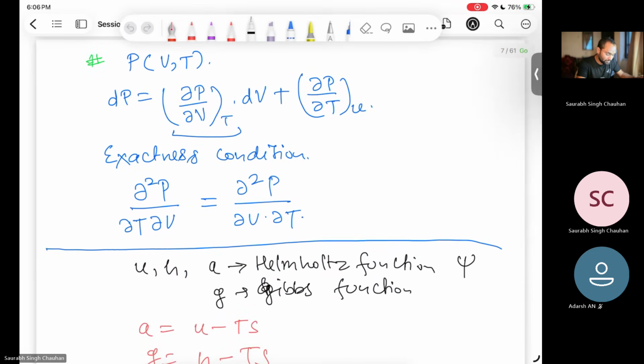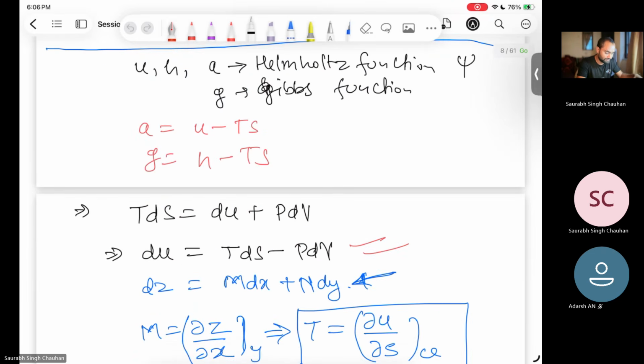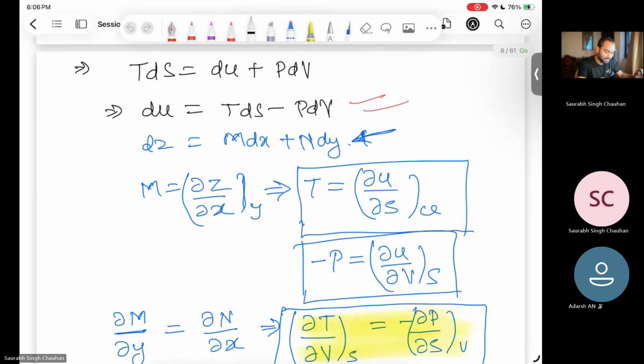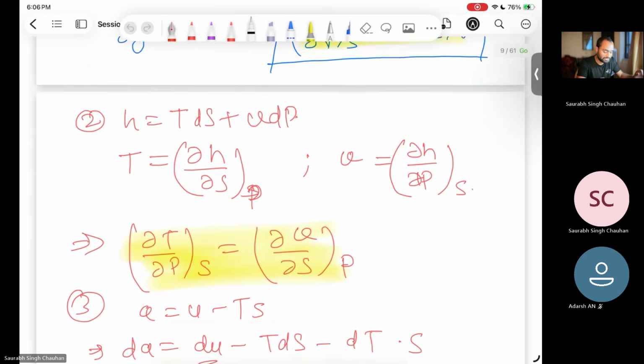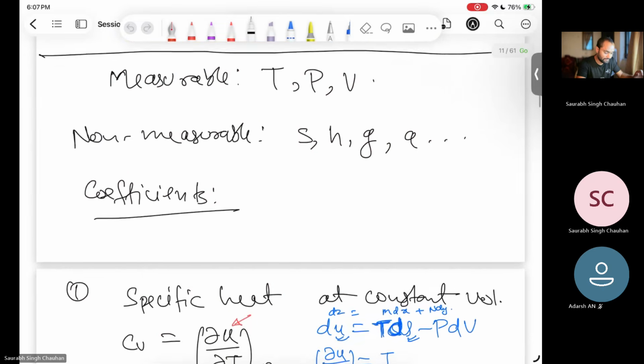We applied that condition of exactness on various quantities. We defined the Helmholtz and Gibbs functions and applied the condition of exactness, and we got several equations. Those equations we call Maxwell equations.